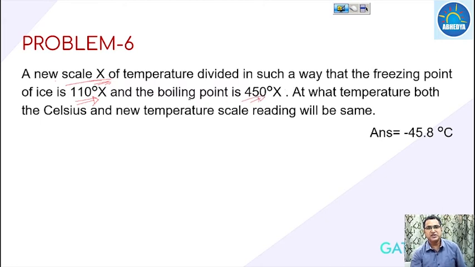At what temperature will both the Celsius and the new temperature scale readings be the same? So the freezing point is 110 and the boiling point is 450 x.